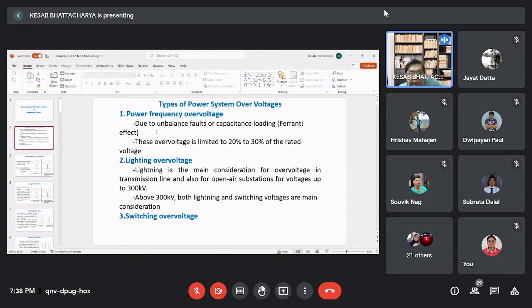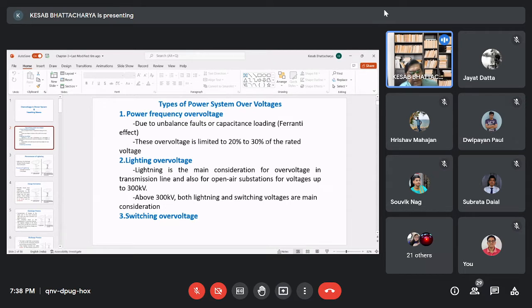Now, power frequency overvoltages crop up in the system mostly due to unbalanced faults or capacitive loading like the Ferranti effect, etc.